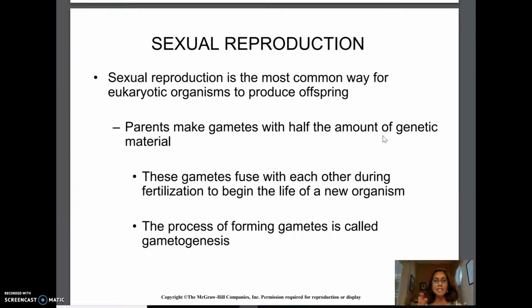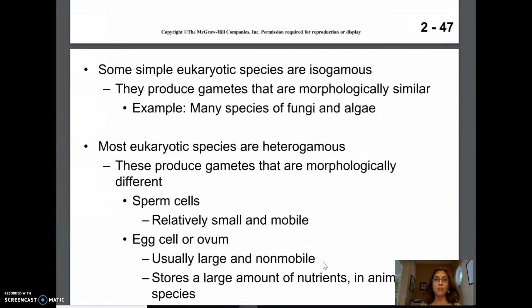And at some point, a set of tissue is set aside to become gonad tissue to start undergoing what we call gametogenesis. Gametogenesis is the formation of actual gametes, and that happens in the gonad tissue.